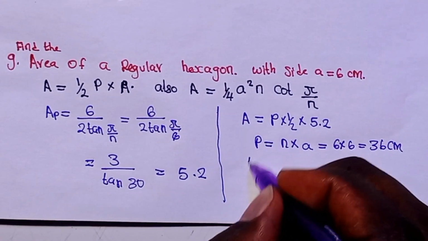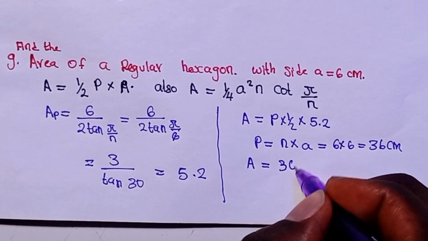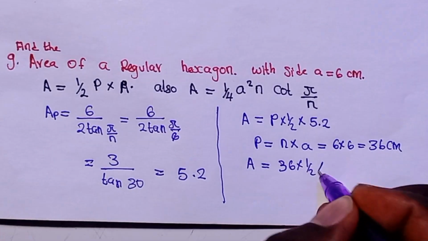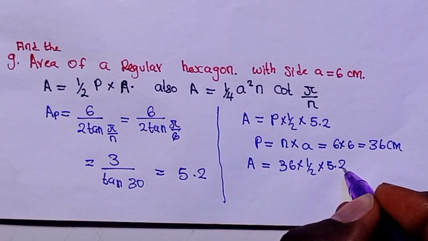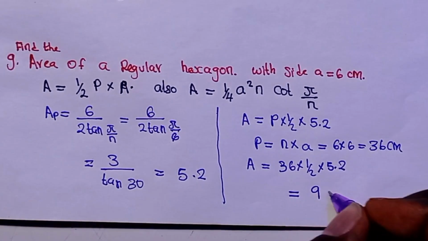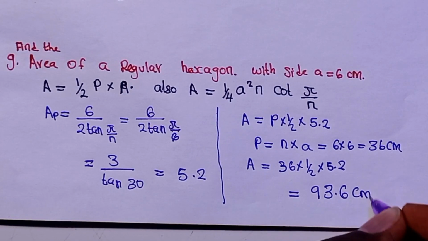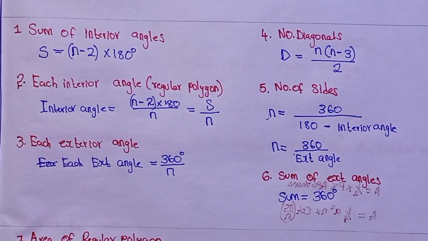So our area is given by 36 times a half times 5.2, which is equal to 3.6 centimeters squared.